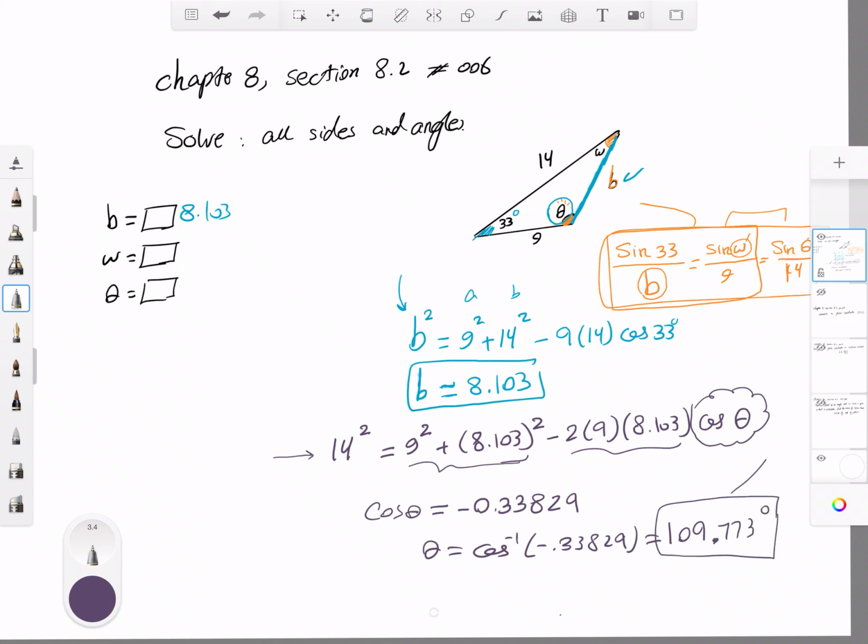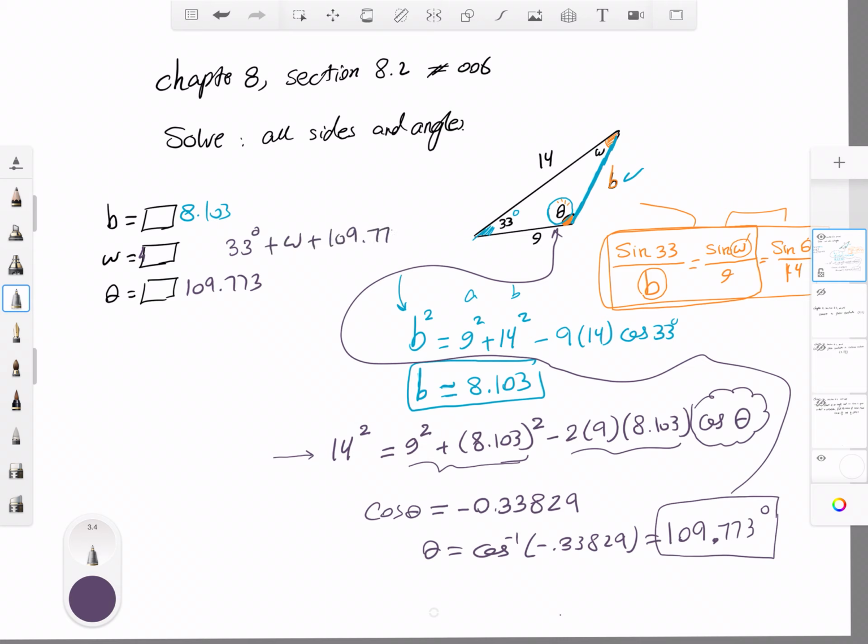So we get this for theta. How do we solve for omega? We can just subtract from 180. We know 33 degrees plus omega plus 109.773 equal to 180. Therefore, omega will be 37.227 degrees.